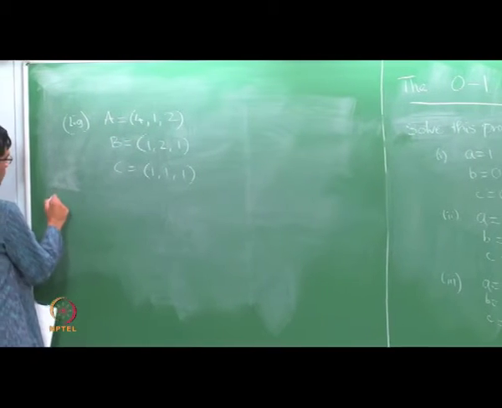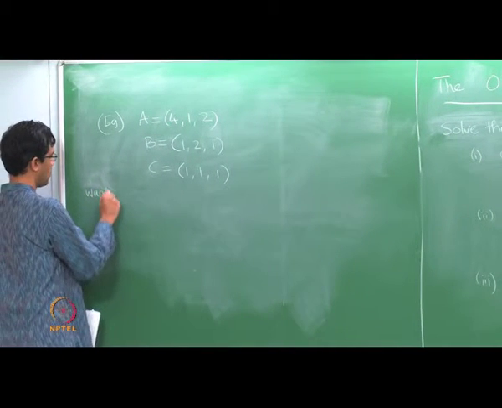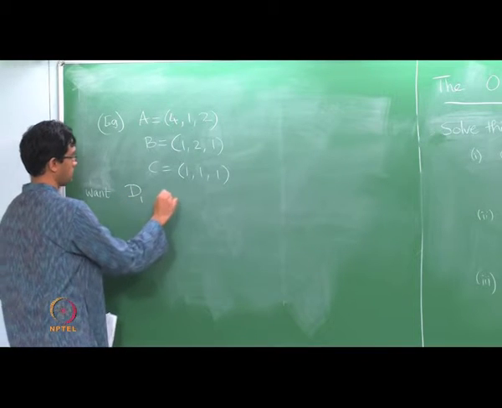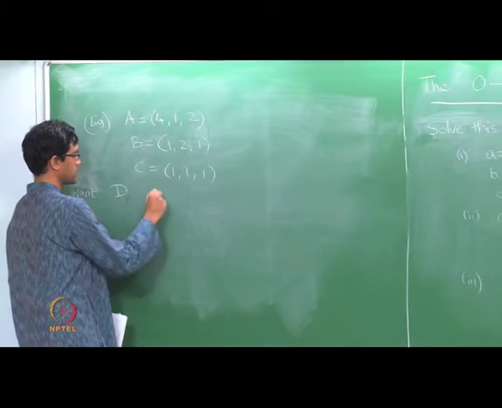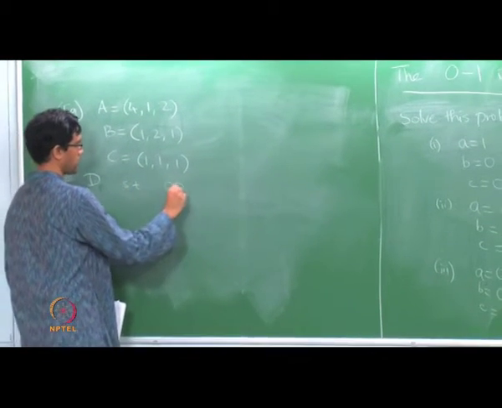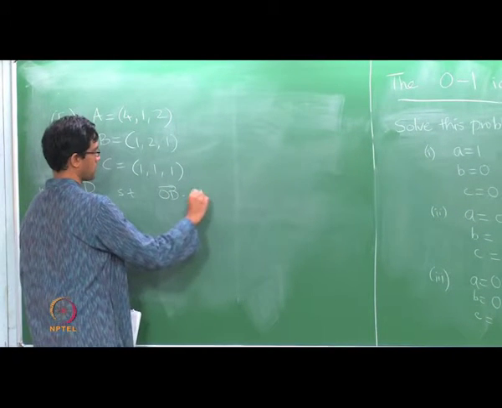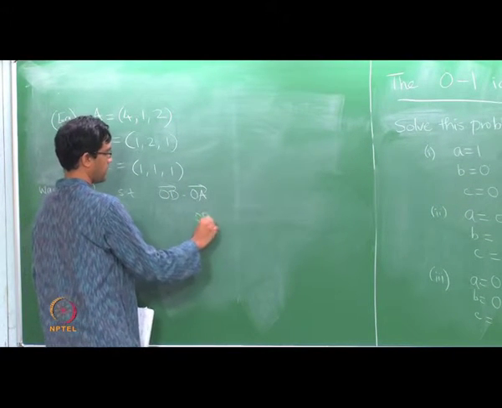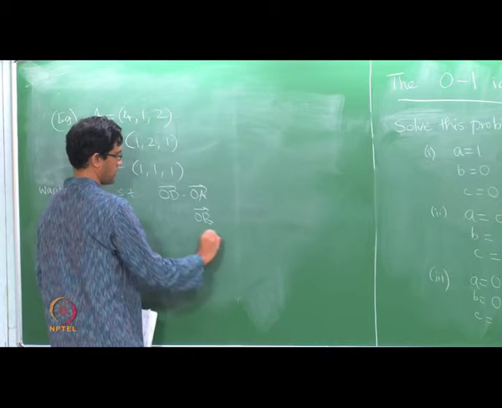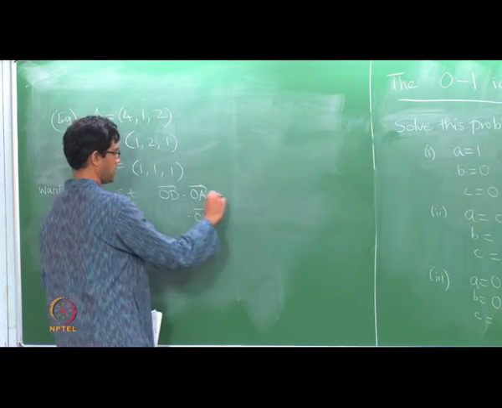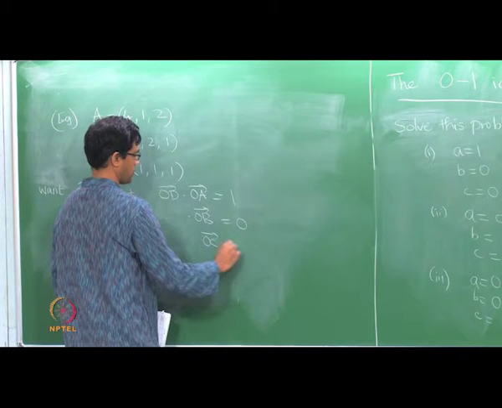Suppose I want to find a point D1 such that, let me just call it D, the dot product of OD with OA, OB and OC is 1, 0 and 0.